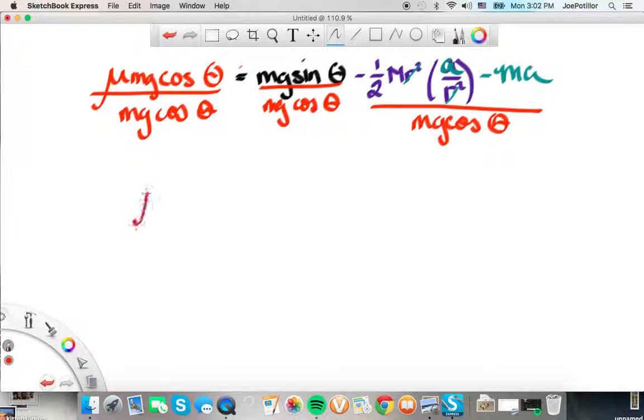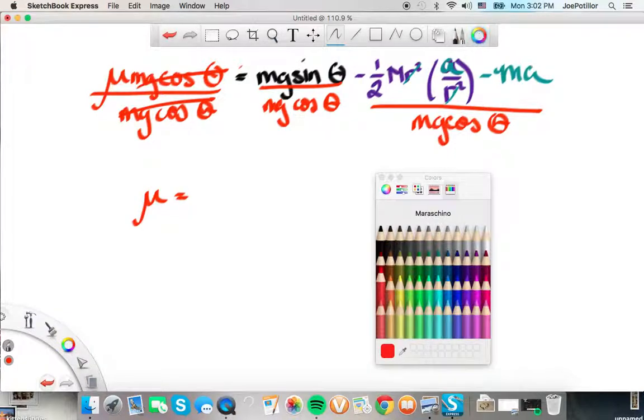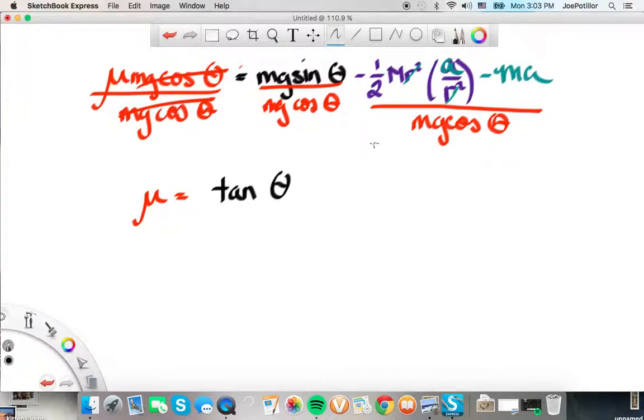So we have mu equals, sine divided by cosine is, of course, tangent of angle theta. Minus, and a is the same, so I can factor it out.